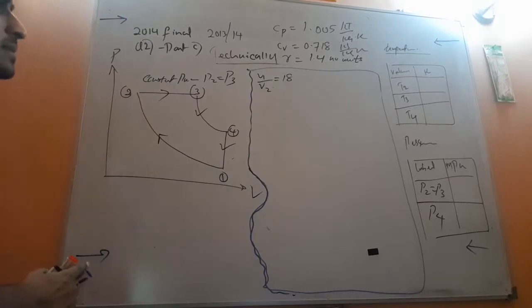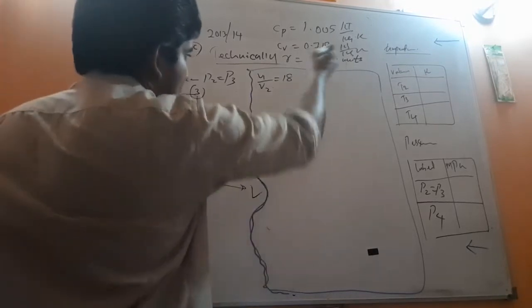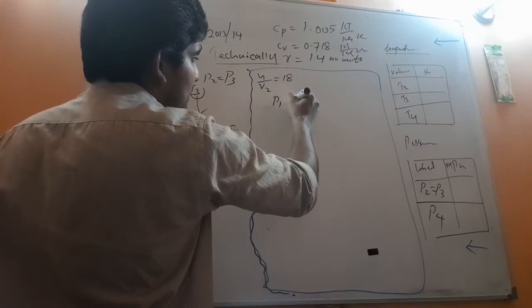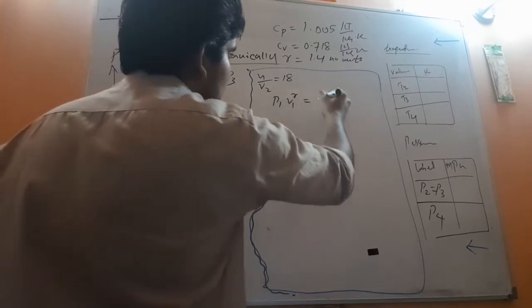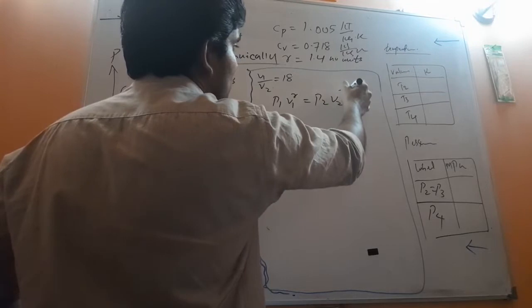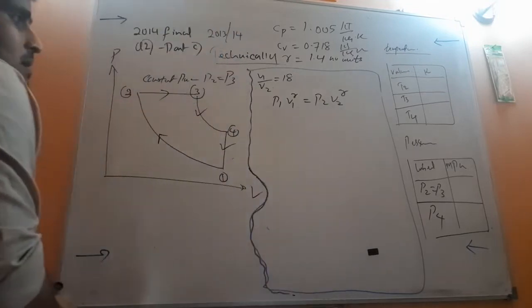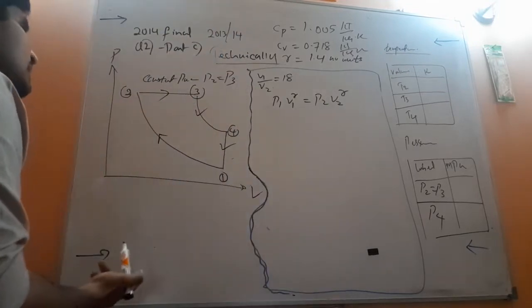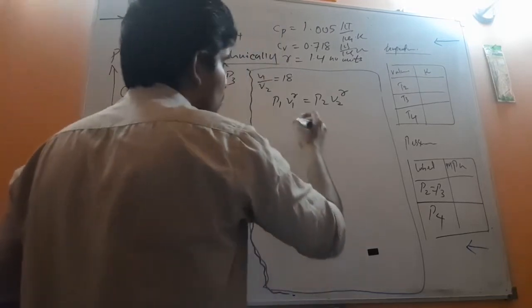Now what is the equation I am going to use, guys? P1 V1 to the power gamma equals P2 V2 to the power gamma. From this equation I can find P2. So let's make P2 the subject. What is P2?